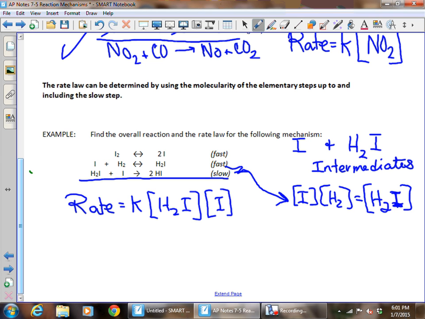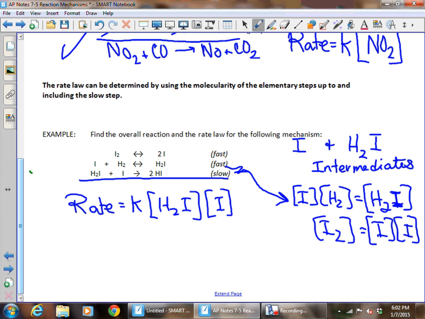So that's what we can say from this reaction. We can also say from the reaction above that I2 is equal to two I's, I plus I, which really means I times I. So that's what we've got so far. And what we're going to have to do is to substitute in information from previous equations until we can get rid of these intermediates.